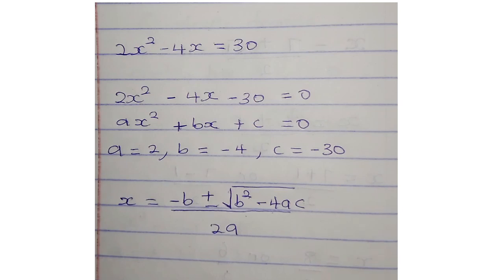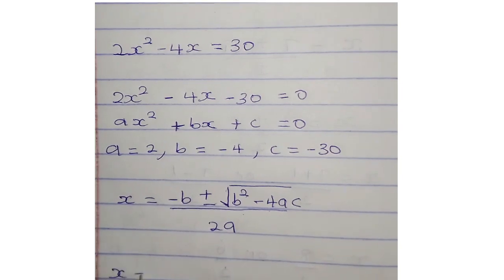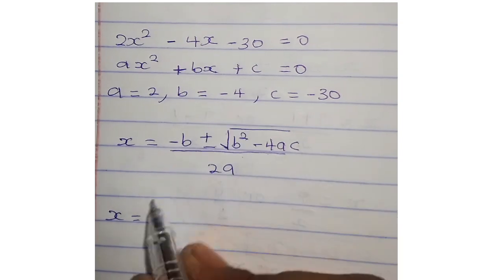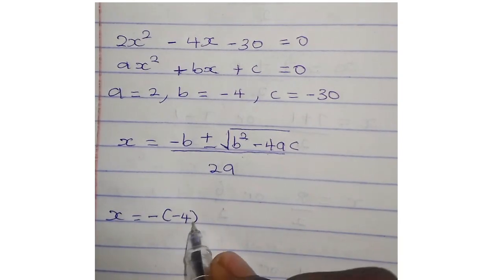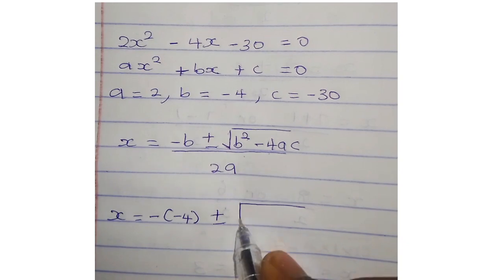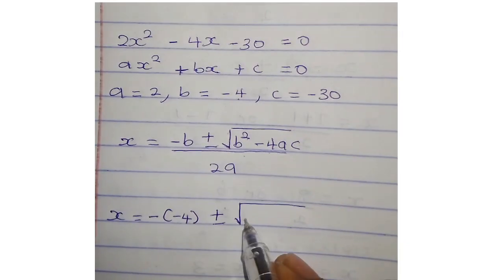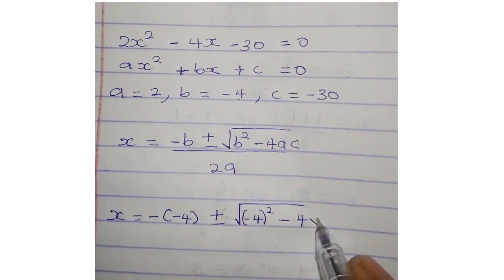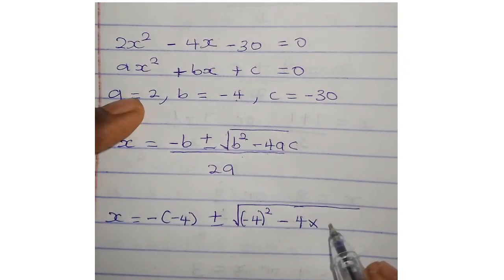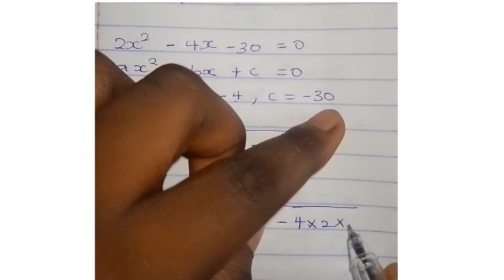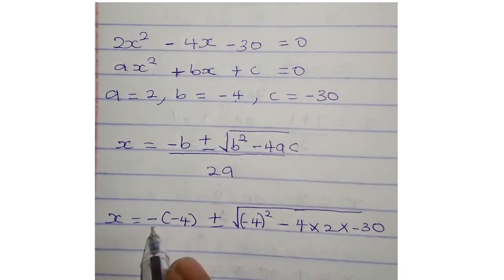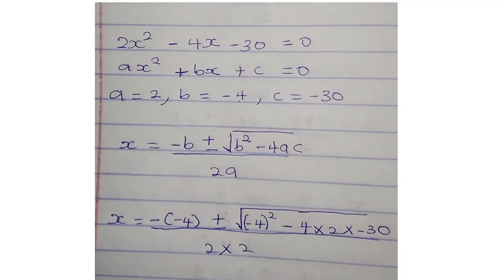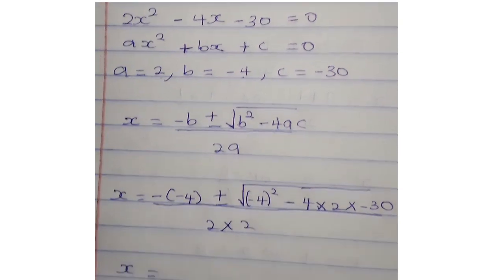We have the parameters already, so our x will be equal to negative into -4, plus or minus the root of b squared, where b is -4, minus 4 times a, which is 2, times c, which is -30, all over 2 times a, which is 2.